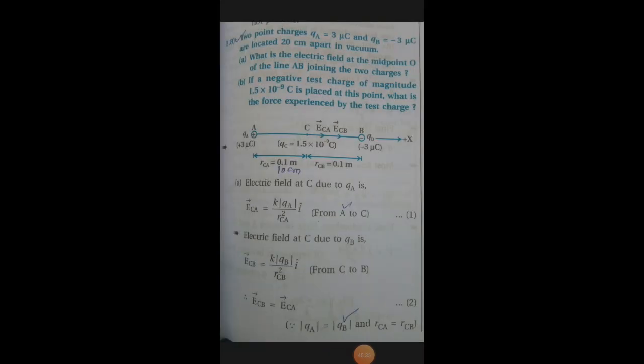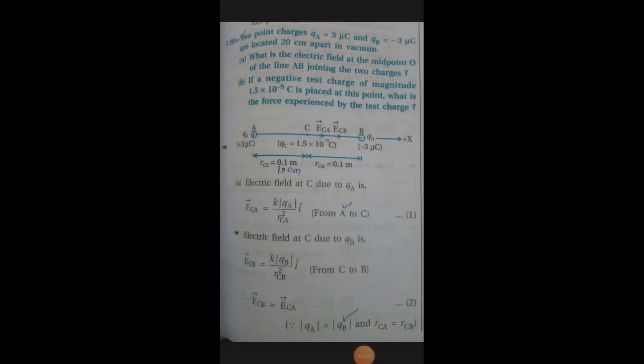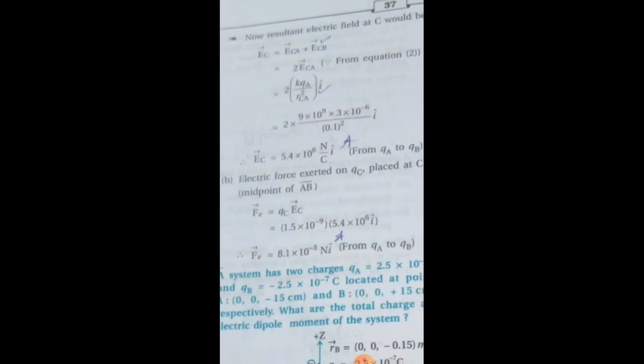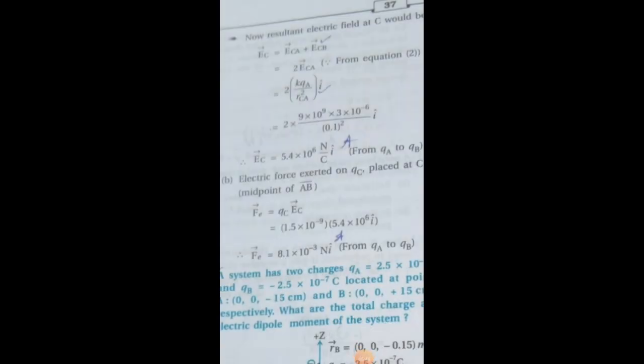Here ECB vector equal to ECA vector, because mod QA equal to mod QB and RCA equal to RCB. Now we continue ahead.